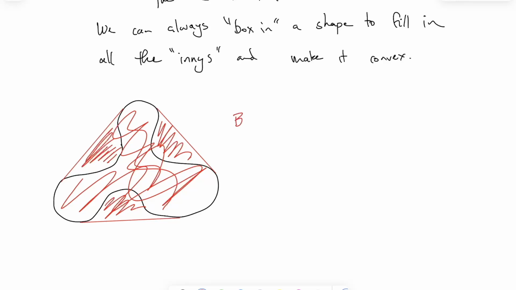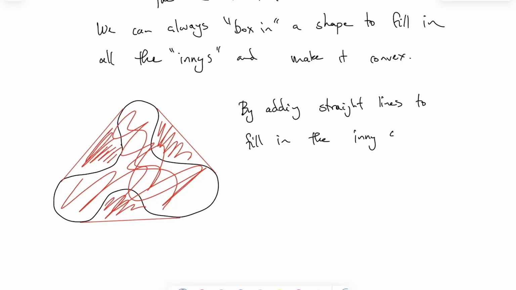So by adding straight lines to fill in the innie curves, we can make it convex.